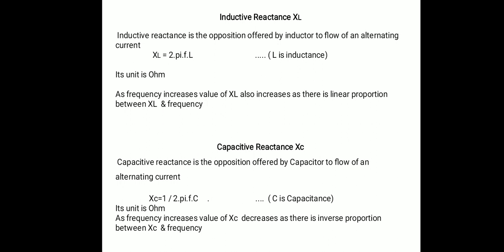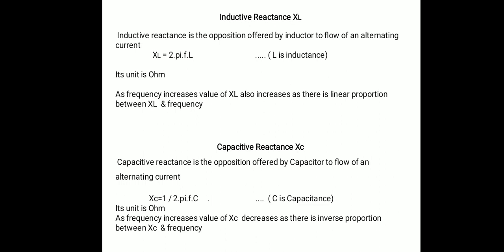Due to the inverse relation between Xc and F, as F increases, Xc decreases, and as F decreases, Xc increases. The value of Xc increases with a decrease in frequency and decreases with an increase in frequency. The unit of capacitive reactance is ohm. As frequency increases, the value of Xc decreases, as there is an inverse proportion between Xc and frequency.